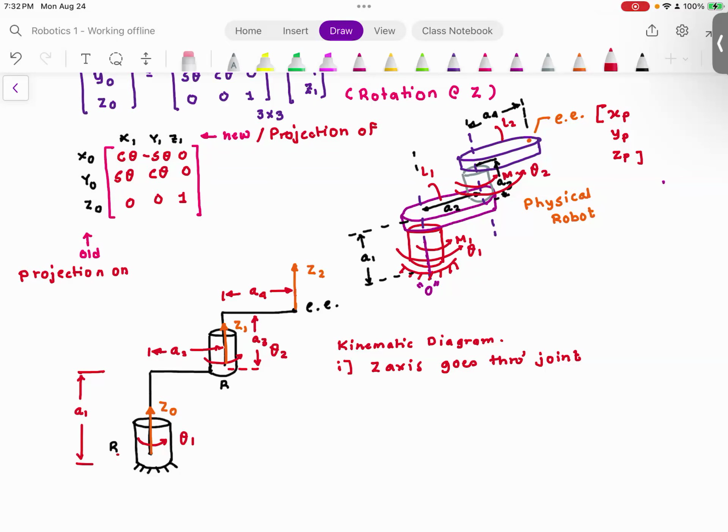Next rule is that now I need to assign the x-axis and y-axis.